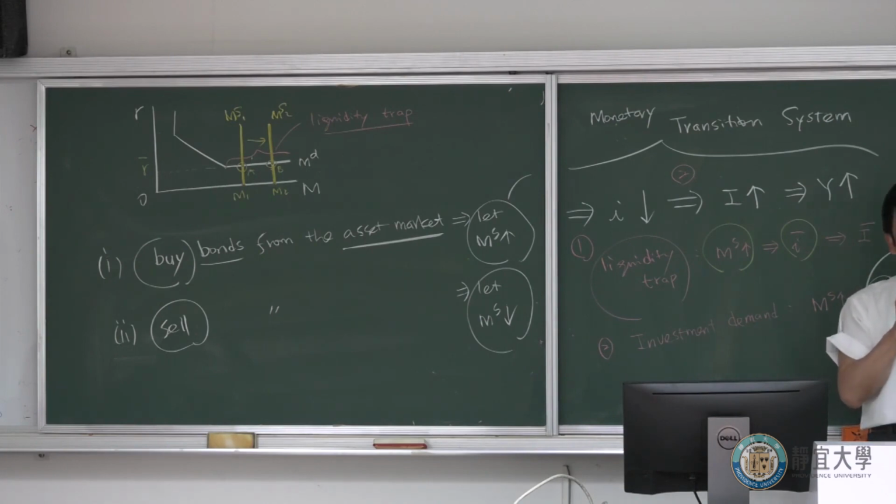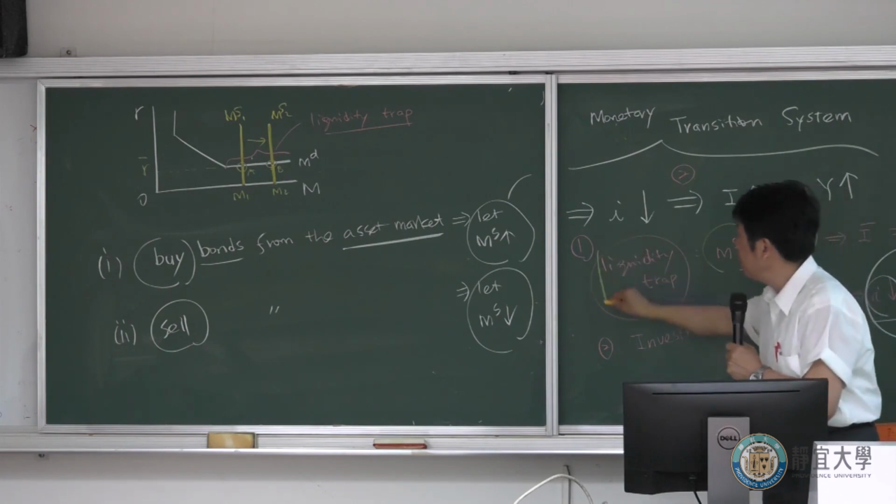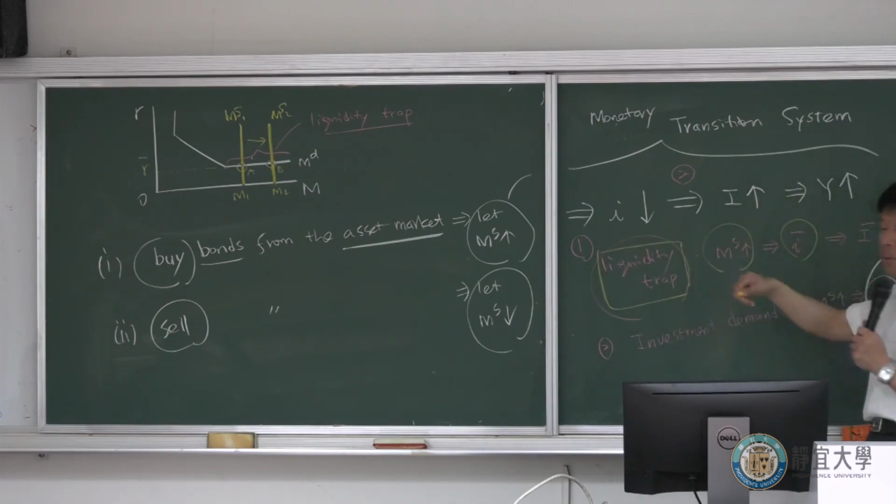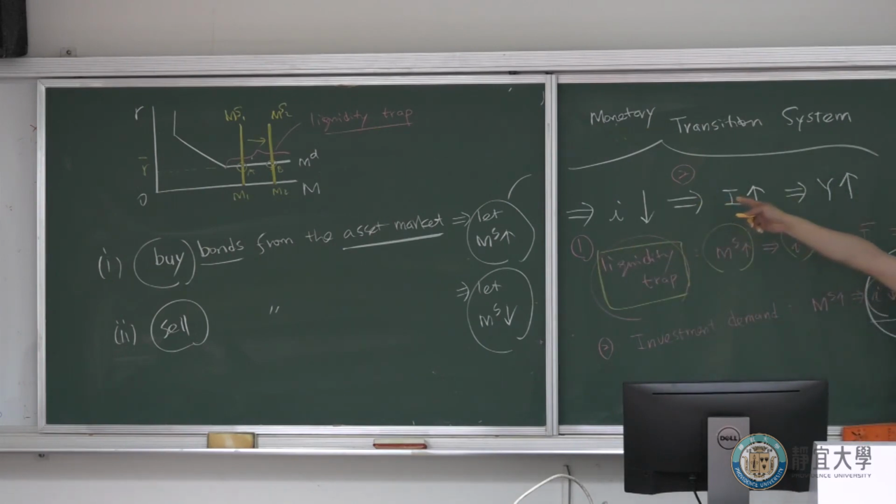This represents the liquidity trap, where the transmission mechanism is not working. Can you understand? If the money supply increases, the interest rate is constant, the investment is also constant, so income or output is also constant.